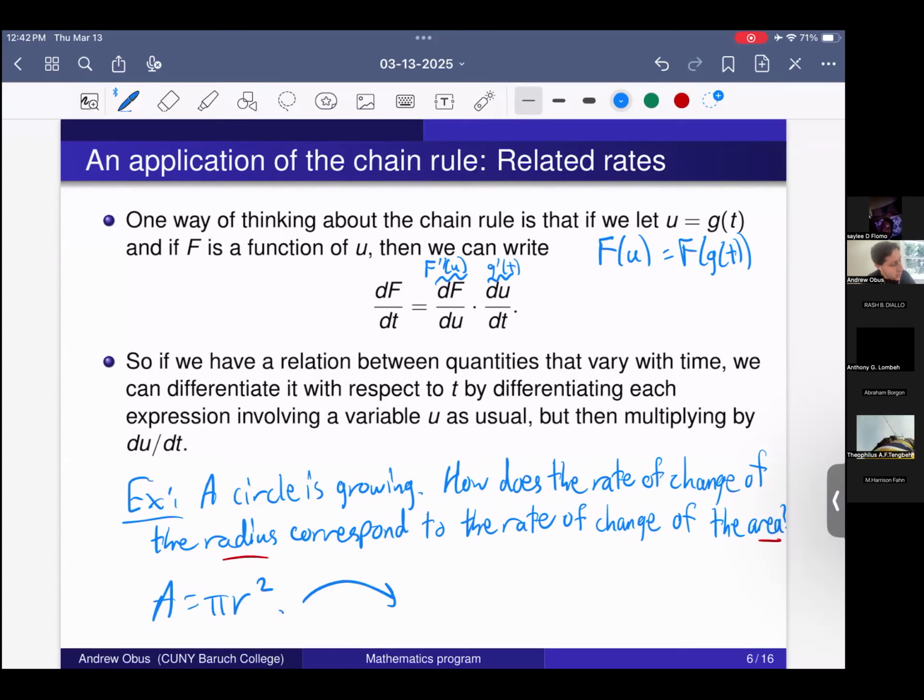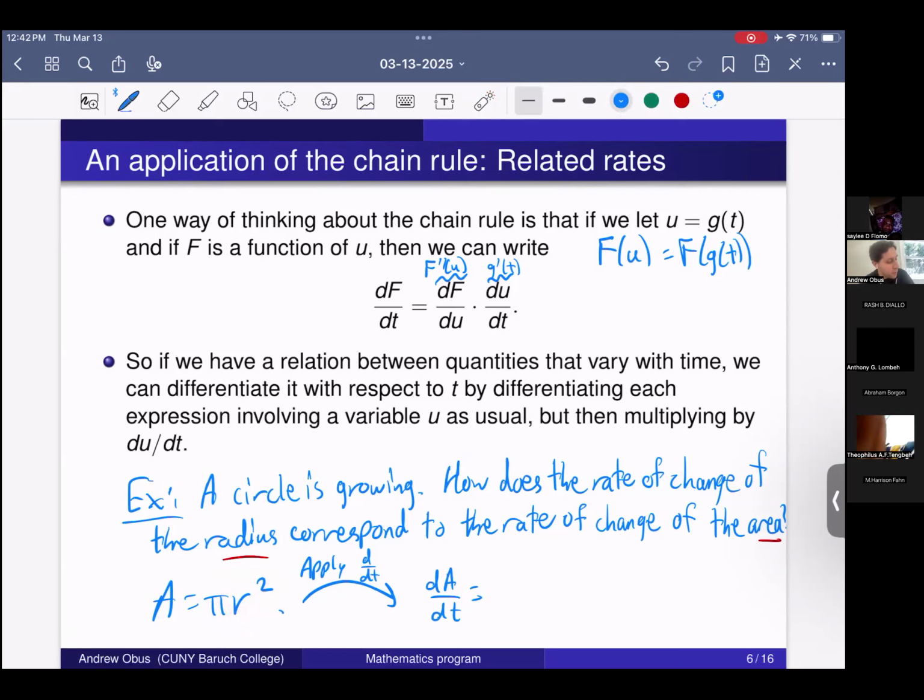And then you apply d/dt. You apply the derivative with respect to time to find the rate of change. So the derivative of A with respect to t is just dA/dt. And then the derivative of pi r squared with respect to t is you just take the derivative with respect to r like normal.